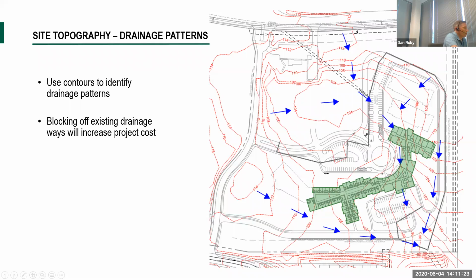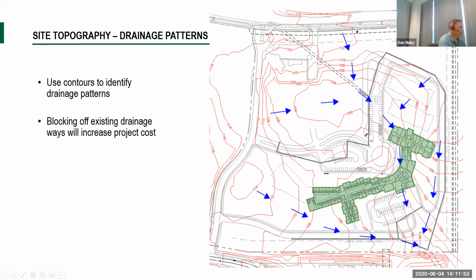So if we're going to block a drainage pattern, we're going to have to pipe around it, which there's of course a cost associated with that. And not that we can't usually work around it, it's just another consideration to take into account to try and keep our site costs reasonable up front, if at all possible.